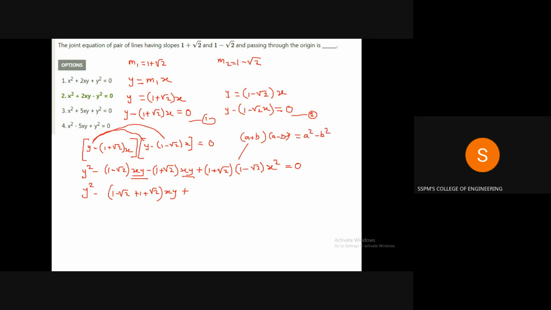So we will use that formula in these two brackets. Okay, 1 plus root 2, 1 minus root 2 will become 1 minus 2. Okay, it will become 1 minus 2 x square is equal to 0.